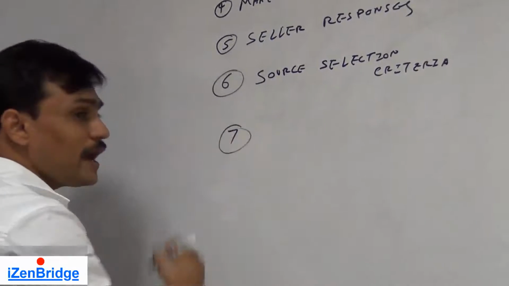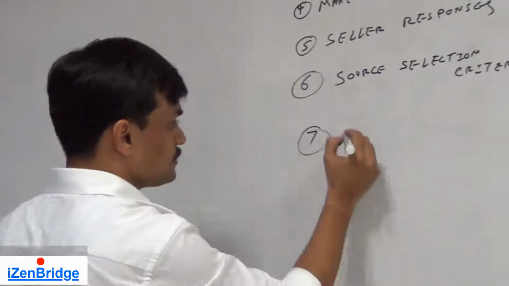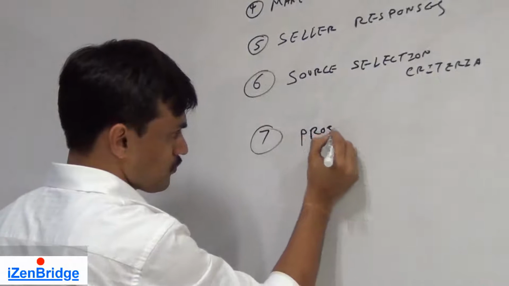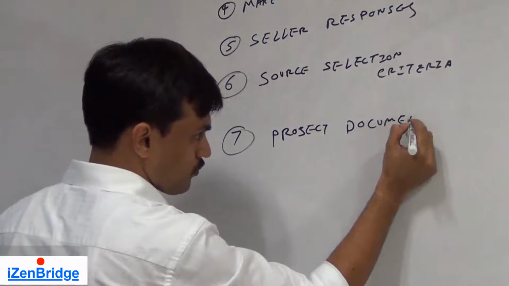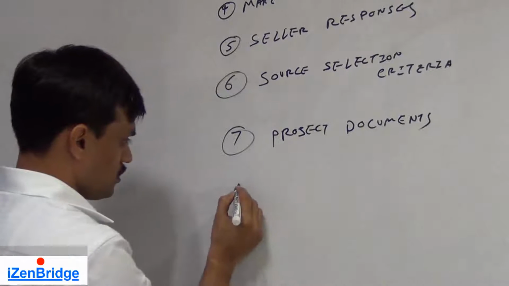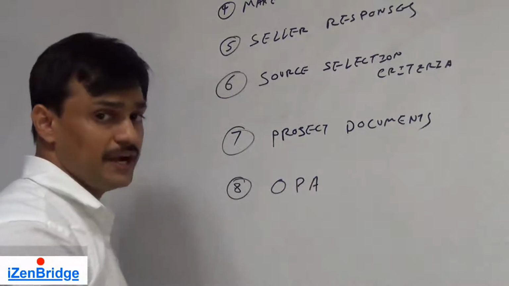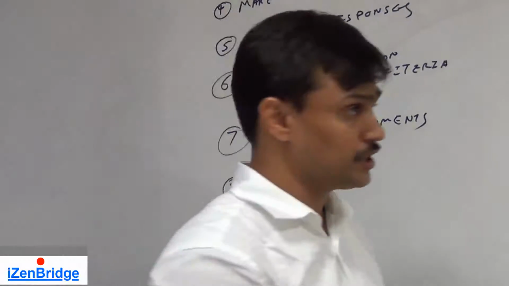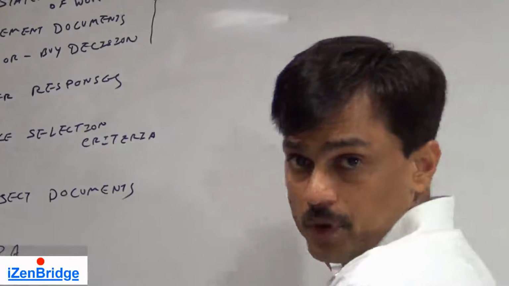Now we need to look at project documents and organization process assets. Organization process assets provide us all templates and procedures for conducting procurement.